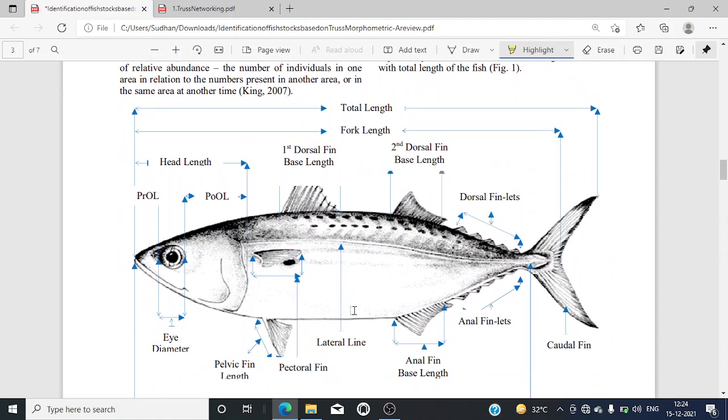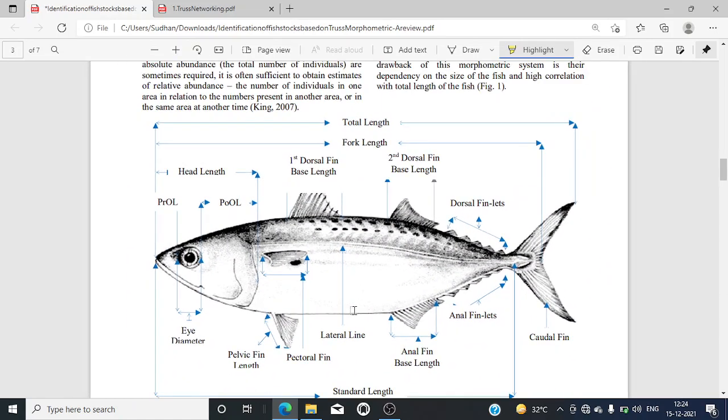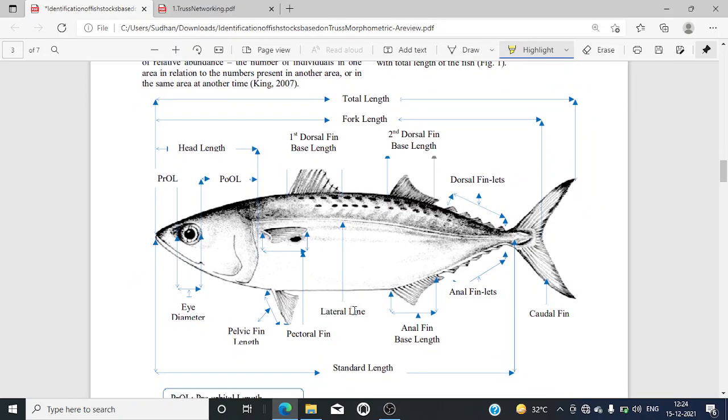This paper is showing different morphometric measurements which we usually take conventionally with the help of either scale or vernier caliper. This could be again digitized with the help of software, TPS util, dig and PAST, so that we will calculate the distance between the landmarks.